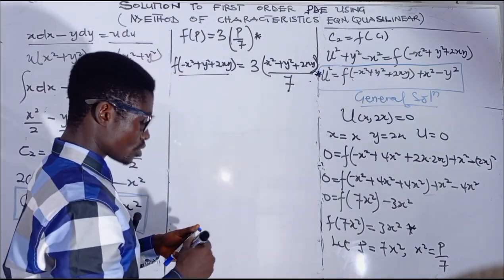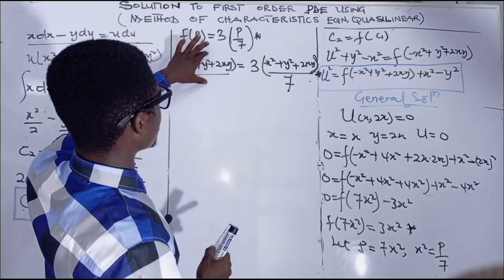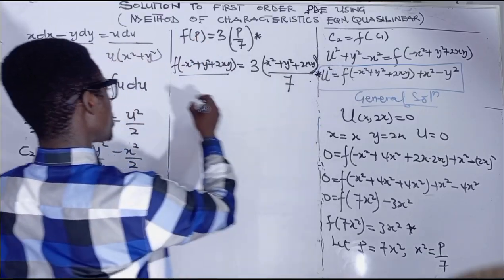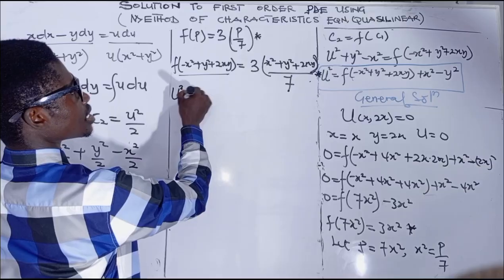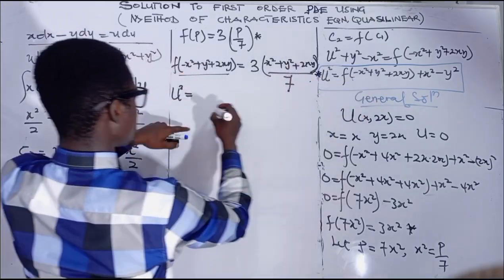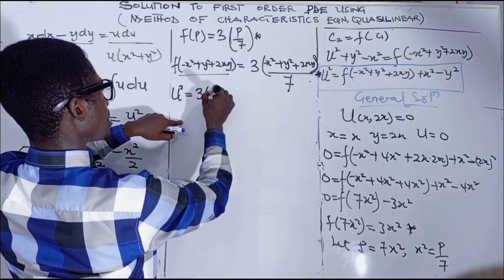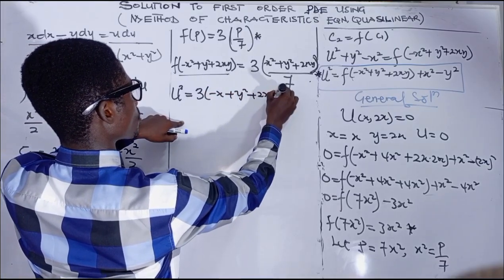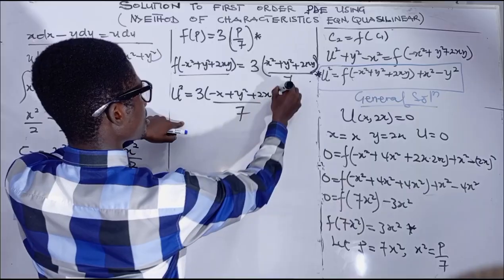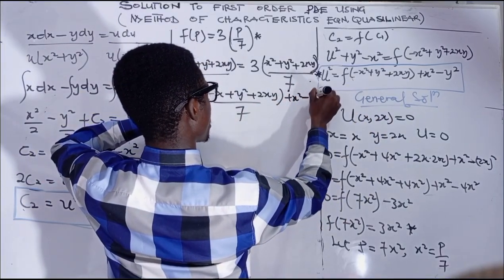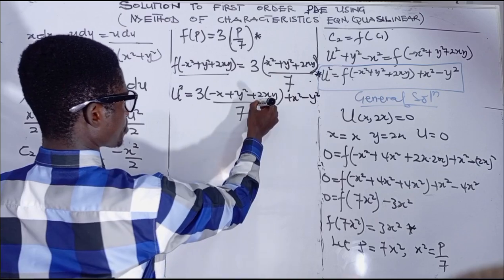So this means that this is equal to that. We are going to look through the general solution, and wherever we see this, we plug in that. So we have our general solution, u squared is equal to, we are saying that the whole of this, which is the same as this, is equal to this. So we have 3 times minus x squared plus y squared plus 2xy all over 7, and then we have plus x squared minus y squared.